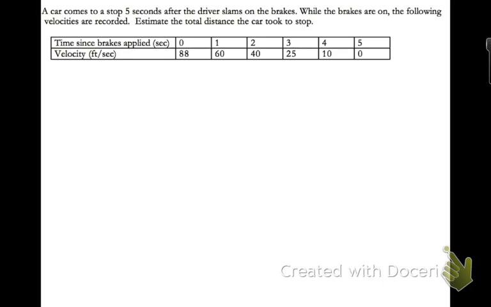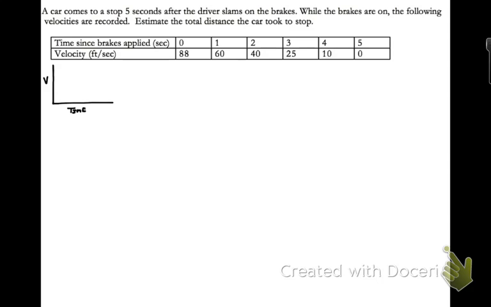And so something to notice about this table, if we were to plot these points, our x-axis would be time and our y-axis would be velocities. And so let me just plot those points.